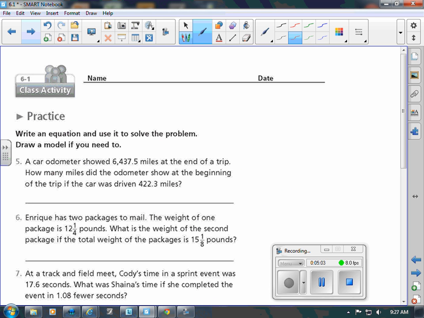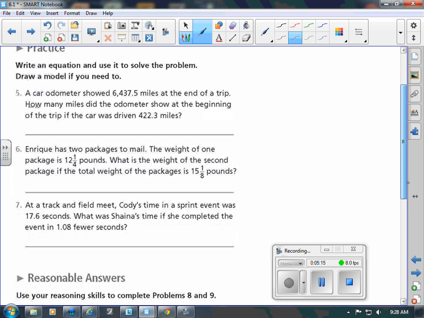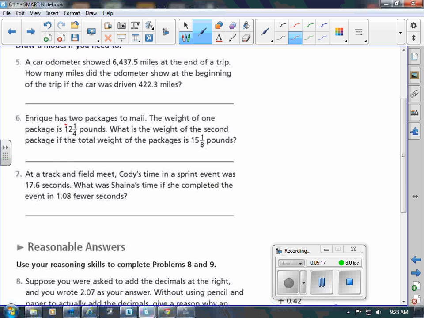Okay, so write an equation to solve the problems and draw a model if you need. Same things here. Just thinking about adding and subtracting. I'm actually going to do, because I think that the fraction ones are a little bit more challenging for you guys than the decimals. Just make sure you're lining up those decimals. I'm going to go and do number 6. Enrique has 2 packages to mail. The weight of one package is 12 1/4 pounds.